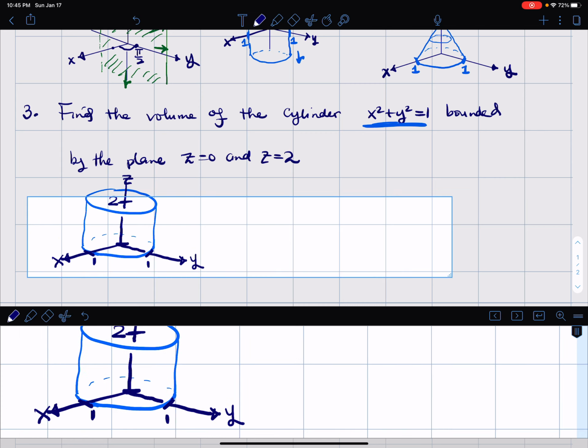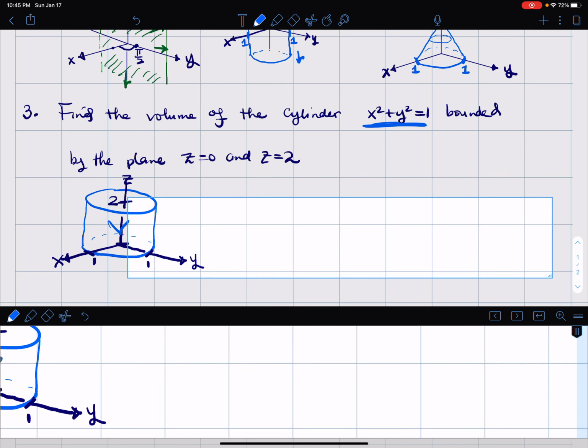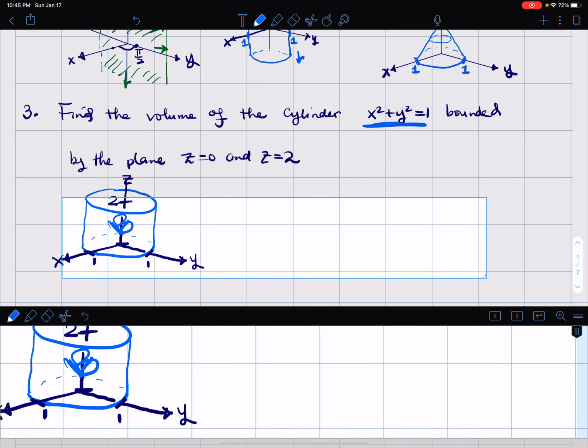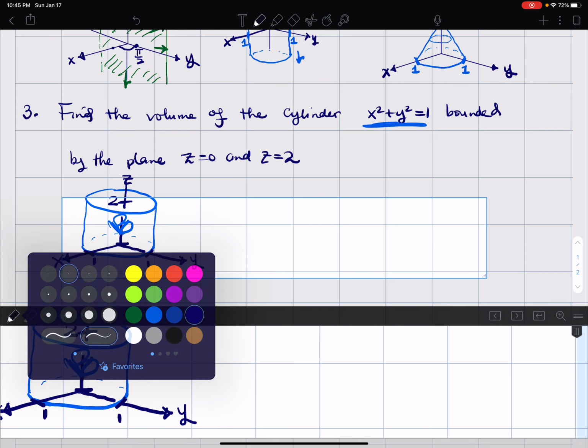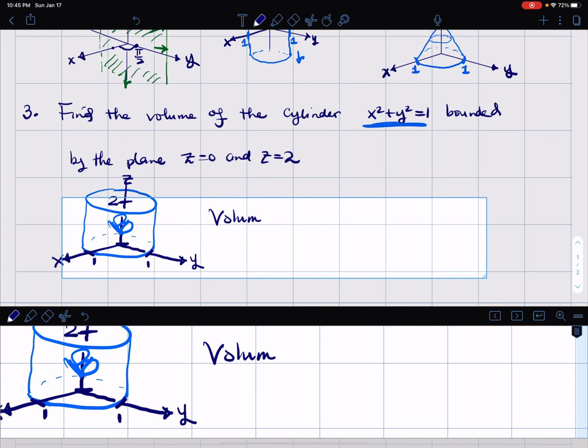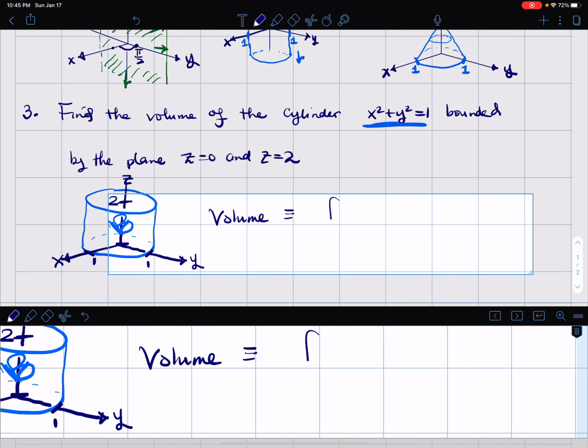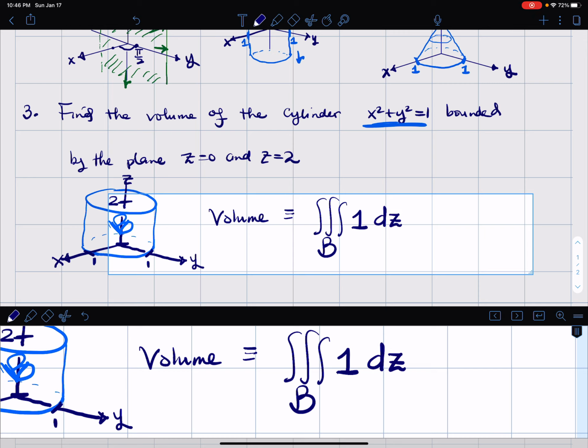Now, we're looking for the volume. If you're looking for the volume of a cylinder, I'm calling it B, all you have to do is this: the volume is just the triple integral over B of 1 dV.